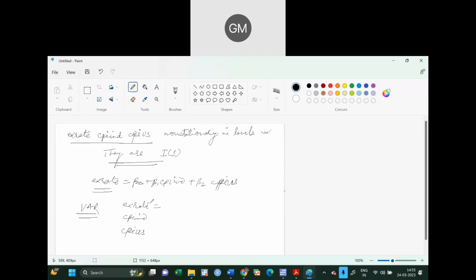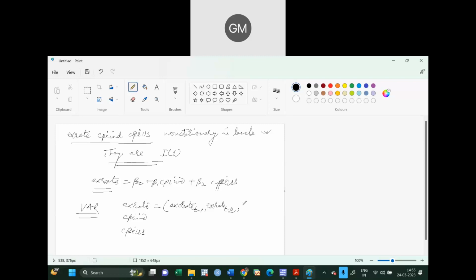And if you're selecting lag 2, as we have just tested, exchange rate is a function of exchange rate T minus 1 and exchange rate T minus 2.